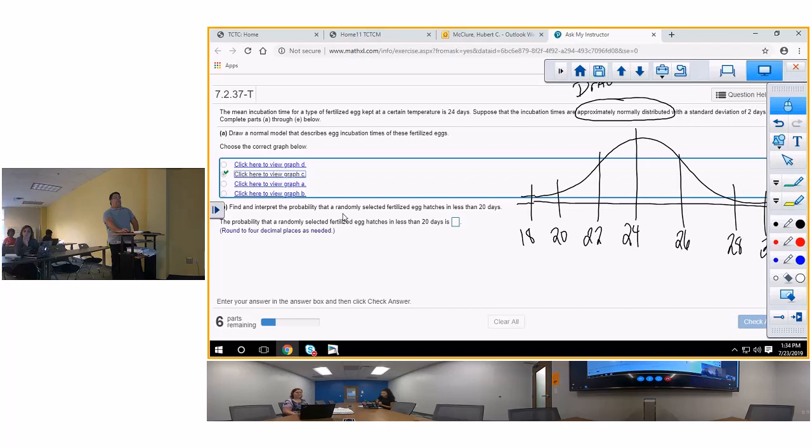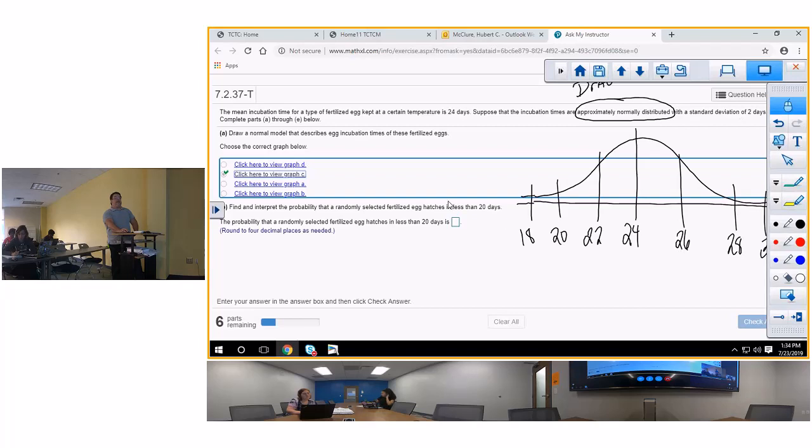All right, find the probability that an egg hatches in less than 20 days. Evidently, they want you to change it into a z-score. By the empirical rule, this is 2.5%, so write down 0.0250, because it's 2.5% right there. But 20 minus 24 is -4. -4 divided by 2 is negative what?